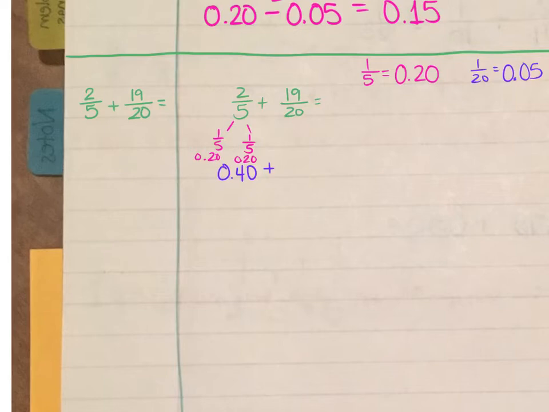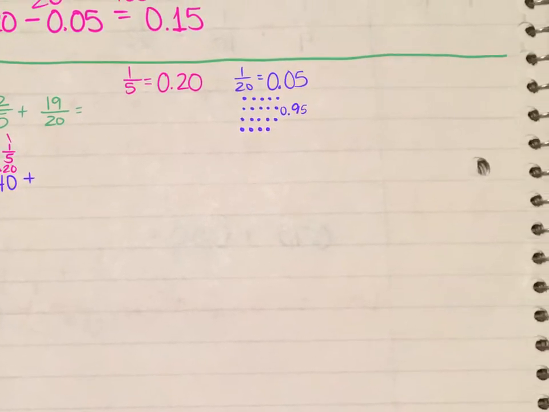You could say, I'm going to skip count by 5, which we can do. 5, 10, 15, 20, 25, 30, 35, 40, 45, 50, there's 10. 55, 60, 65, 70, 75, there's 15. 80, 85, 90, 95. 95 cents. The other way we could have done this is by saying, I know that there are 20 nickels in a dollar.